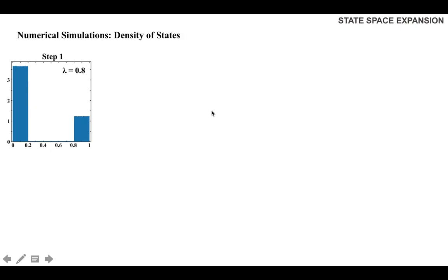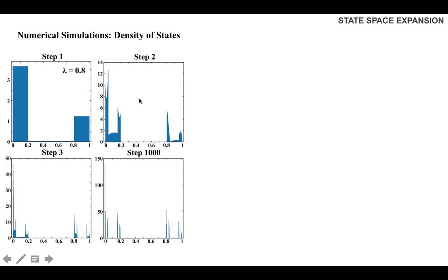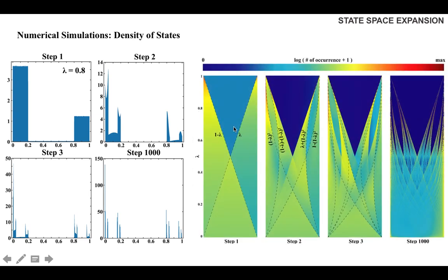So let's start with a uniform distribution. In the first step, you can see that this region almost faded out, creating these two regions. And if you keep on with step 2, step 3, and step 1000, you get the contour set. And here's another way of showing it. This is lambda, this is step 1, and this is the log of occurrence.